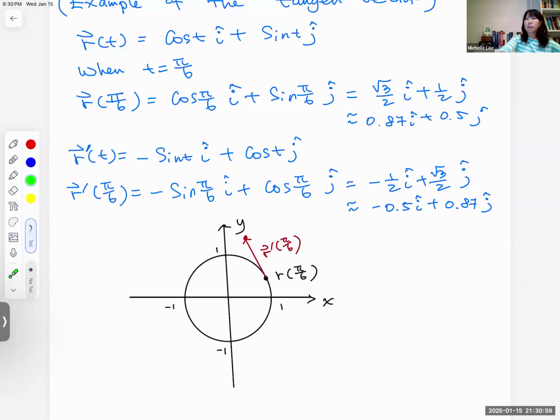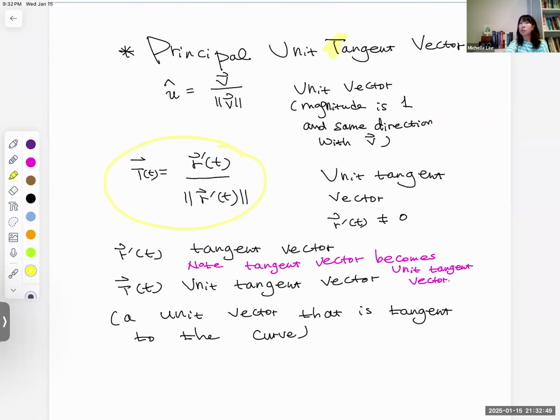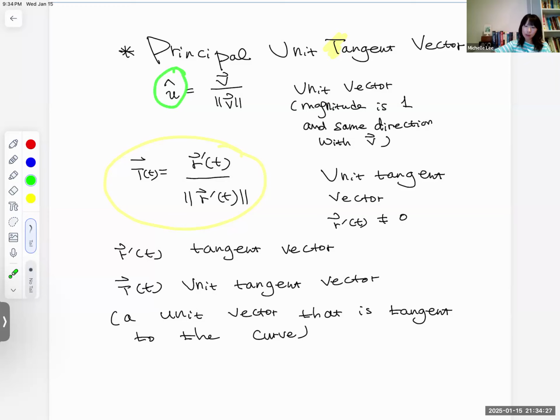All right, then let me write down the principal unit tangent vector definition. So how did we find a unit vector before? We have u hat equal to 1 over the magnitude of vector v times vector v.